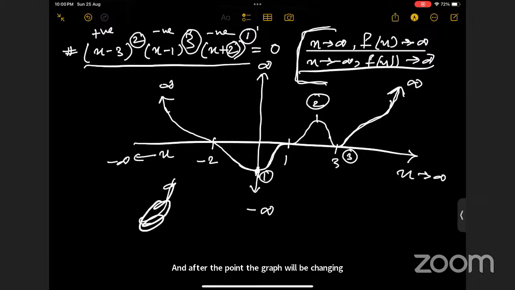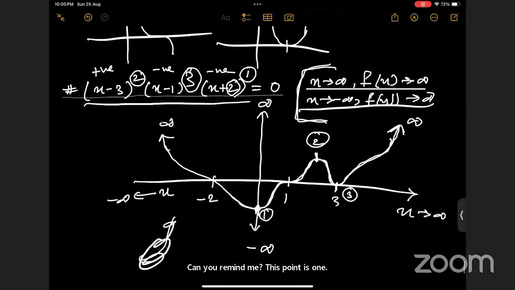Before this point, the graph was decreasing, and after the point it became increasing. So this is one turning point. Similarly, here the graph was increasing, and after this point it became decreasing. So this is another turning point. Similarly, this point is one turning point.